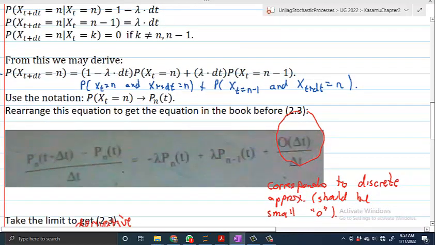Remember, Pn of t plus dt, this value here, is simply the same thing as here. The book uses a delta. I'm using a d. It means the same thing. So this quantity here is the same as this quantity here.